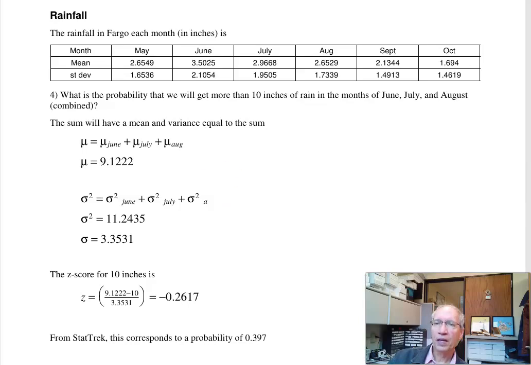Rainfall. If I combine 3 months, and this is the case of June, July, August, when I combine normal distributions, the means add and the variance adds. So adding the means, I get 9.12. Adding the variance, taking the square root, I get 3.35.